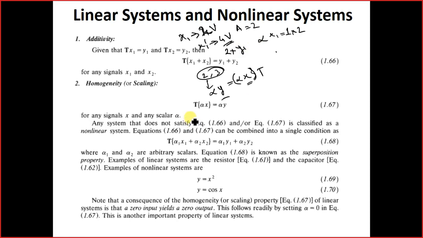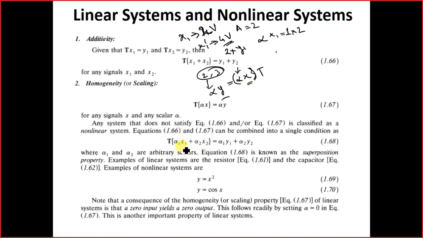So herein, in the homogeneity system, we first have to take this into account: with whatever scalar value we multiply the input, that scalar value is also getting multiplied with the output.